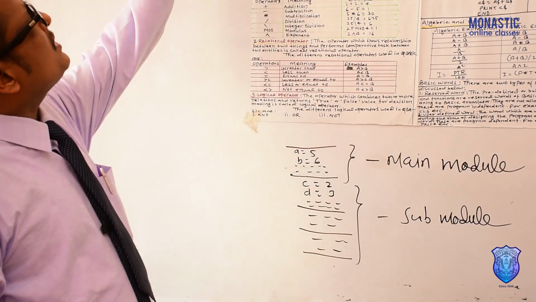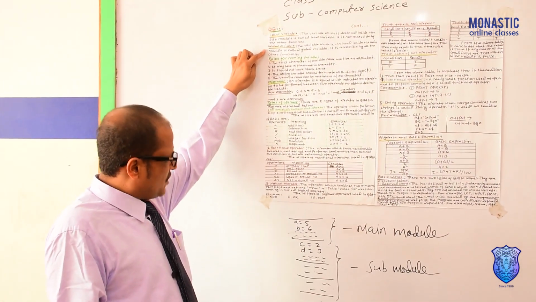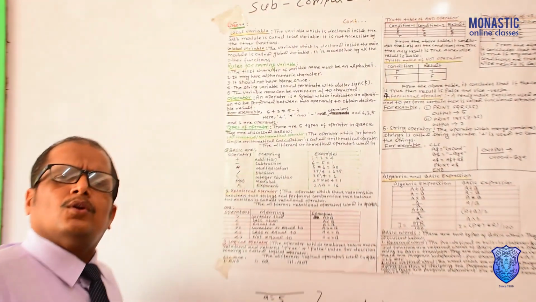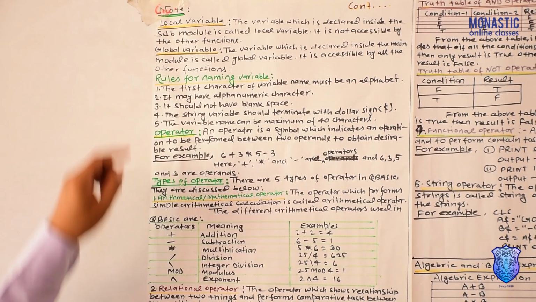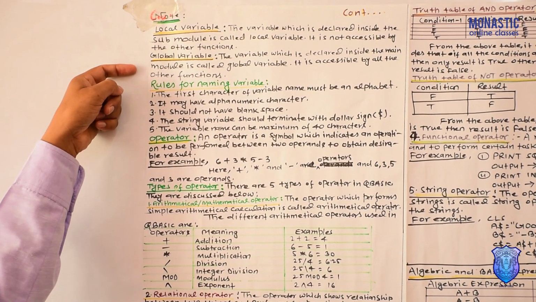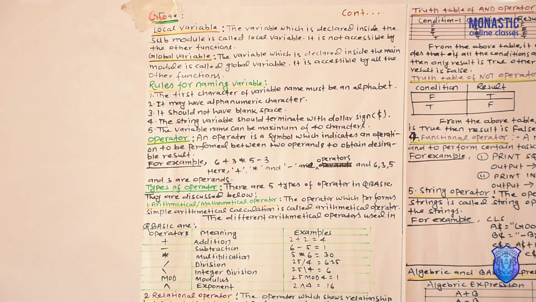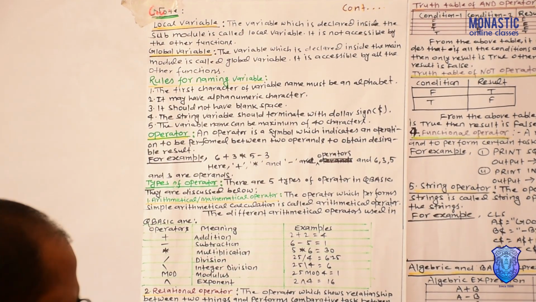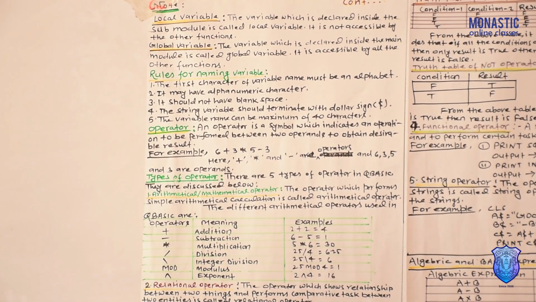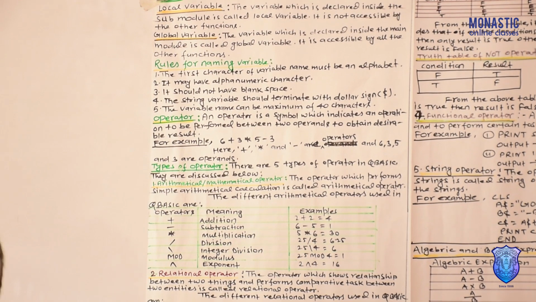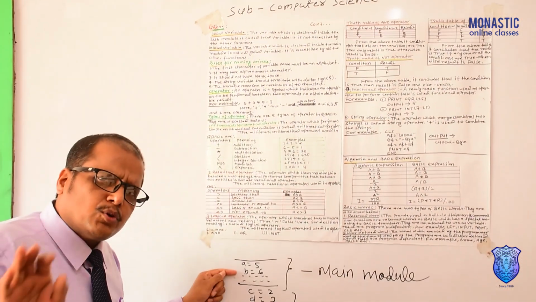Similarly, another one is the global variable. The variable which is declared inside the main module is called a global variable. A global variable is accessible by all other modules.